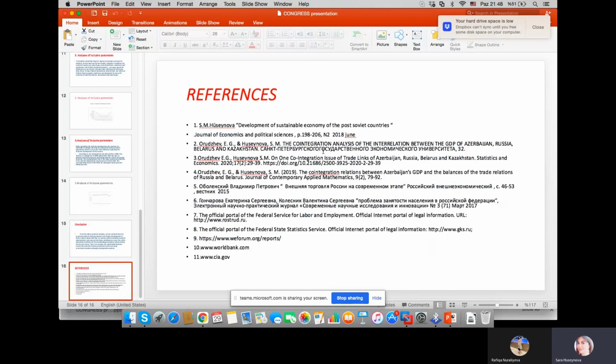And before this, the article published about the integration analysis of the post-Soviet countries, describing the trade relationship and GDP relationship between the countries, creating econometric models, analyzing the integration process, and then applying forecasting for these post-Soviet countries.